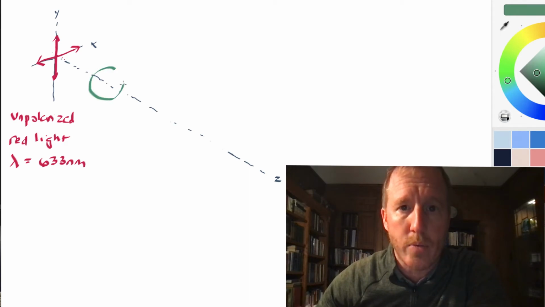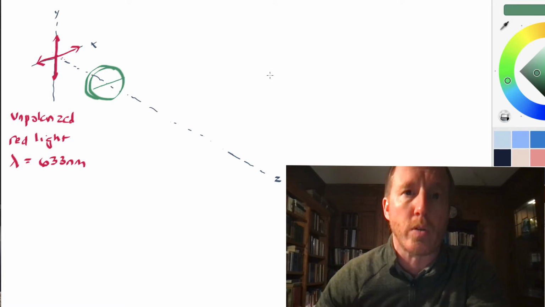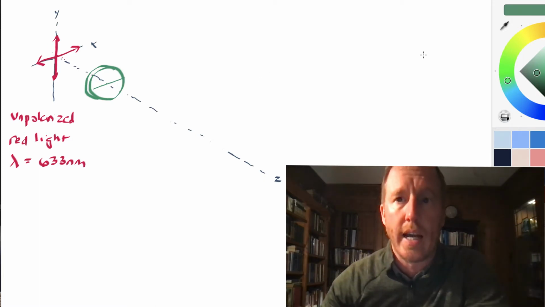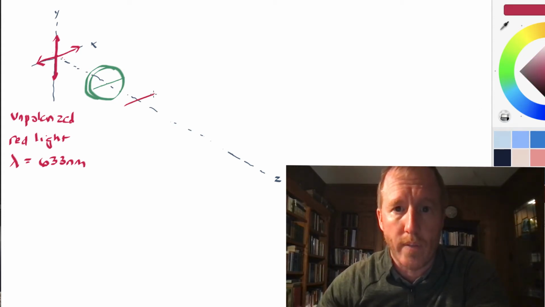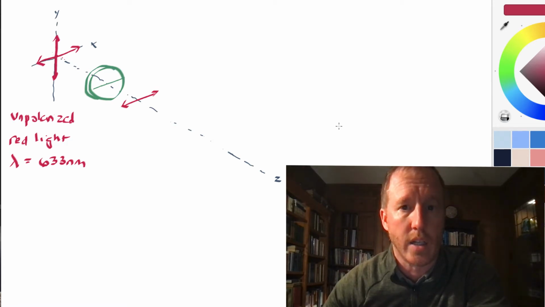So I'm going to imagine we put a polarizing filter right here in front of it. And let's suppose that this polarizing filter is oriented so as to only allow light that is polarized along the x direction, and it quenches or extinguishes polarization vibrations along the y direction. If we do this, well then, the light that makes it through this is going to be purely horizontally polarized, and that's what I'm indicating here.